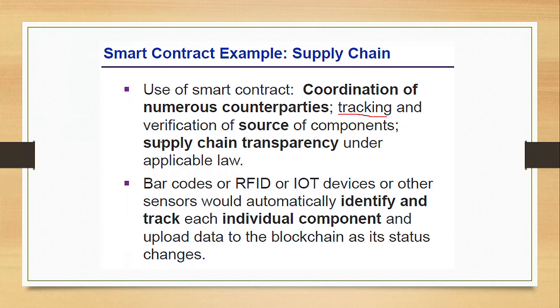For example, when the containers have some kind of chip, like radio frequency identification, or the various devices have chips, the sensors can automatically be used to track where a particular cargo is, and if someone tampers with the cargo, automatically we get the notification and so on.